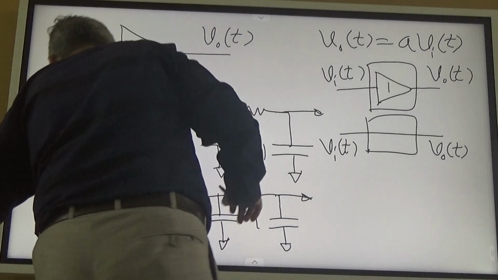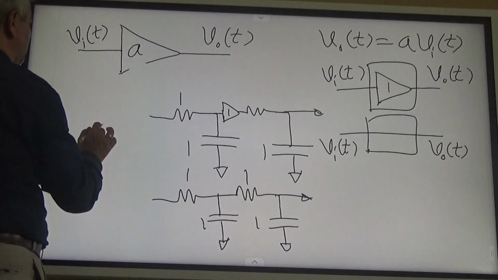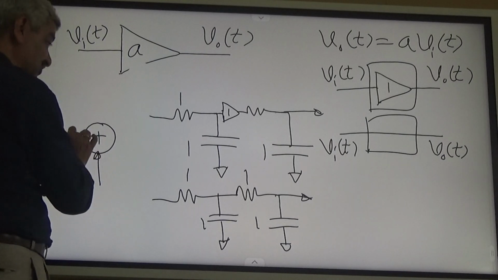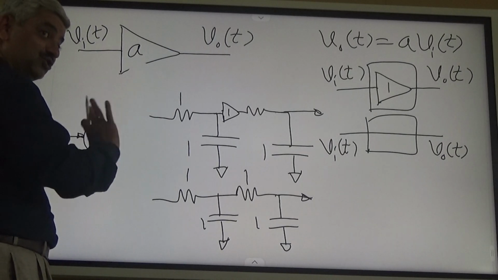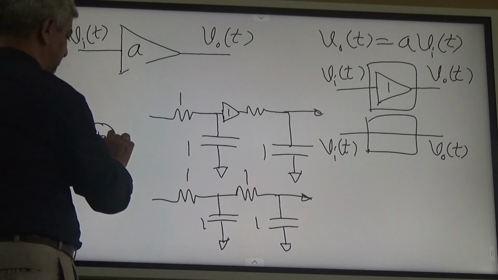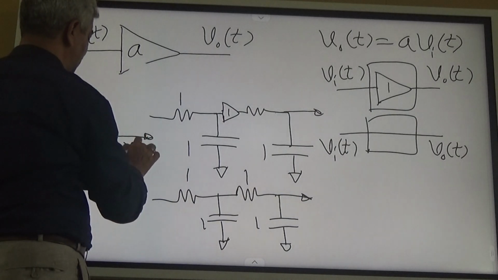And similarly there is one more block called the adder block. Two inputs. Again, these draw no current. Input terminals for adder and scalar draw no current. What is Vout(t) now?